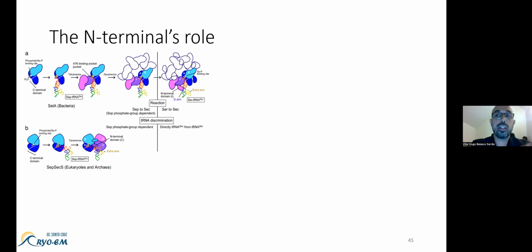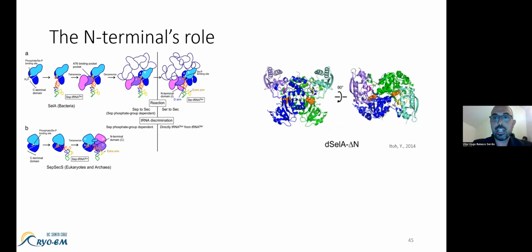Okay, and I would like to also highlight the N-terminal importance, right? So it was proposed that the N-terminal is not only responsible to form the homodecamer, but also to recognize the D arm of the tRNA. So the Professor Shigeyuki Yokoyama group in Japan, they also proved that.